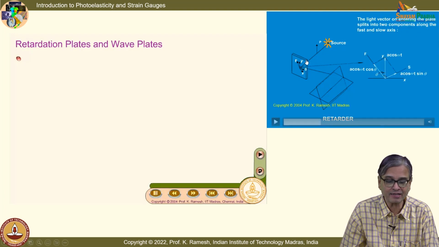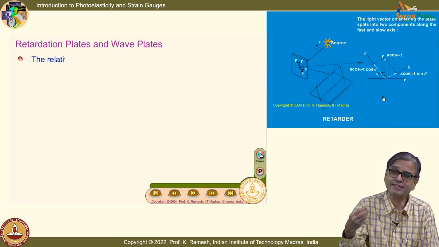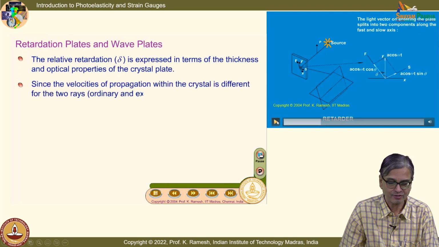So, what is attempted here is, I have a crystal plate. Whatever this thickness is, it is enlarged here to show that as the light passes through the crystal, it acquires retardation.